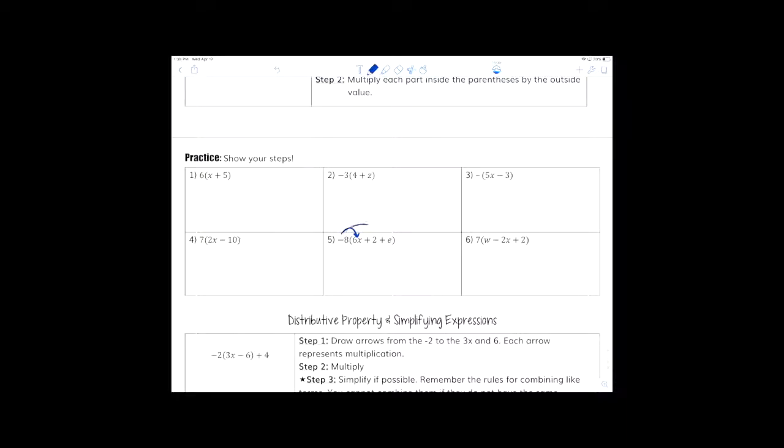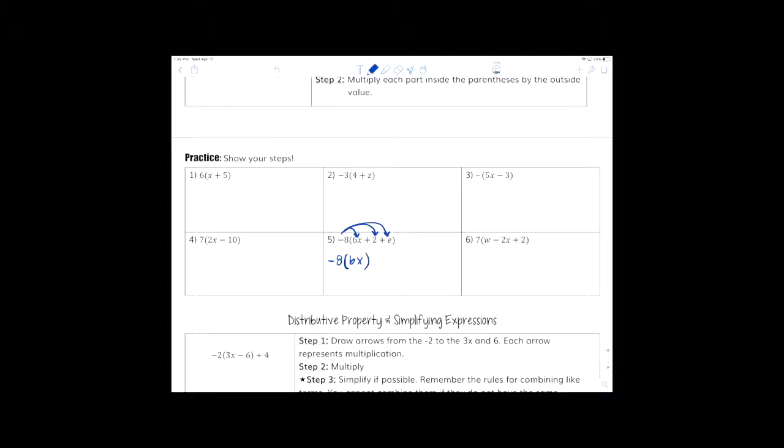So this time we should have 3 of our little arrow arches here, because we're distributing to everything, all 3 of my terms inside my parentheses. Okay? So I have negative 8 times what? Times 6x. Good.